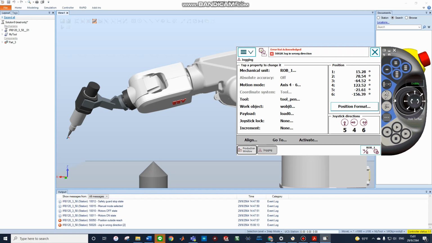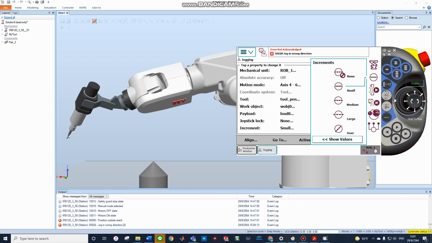Okay, the incremental jogging. In this incremental, the first one is none. Have user incremental jogging control.